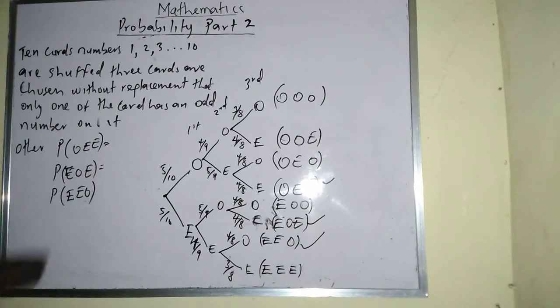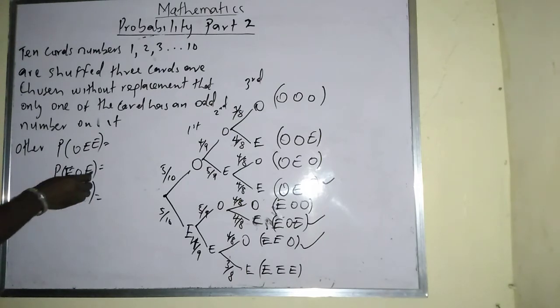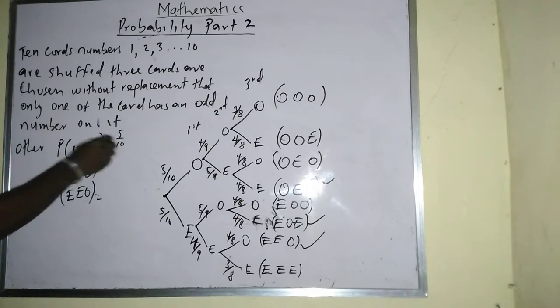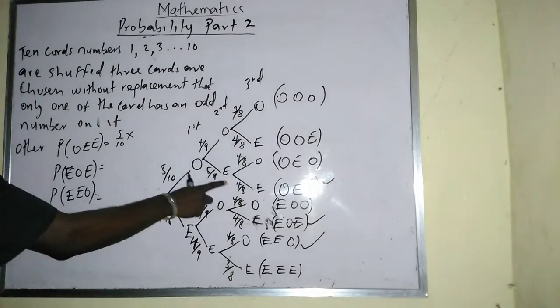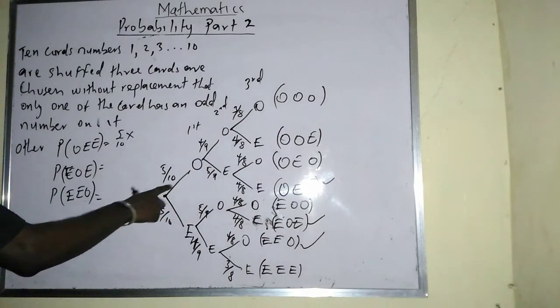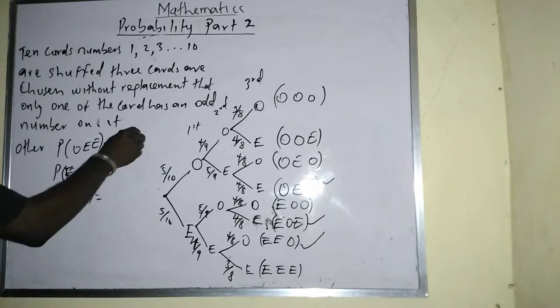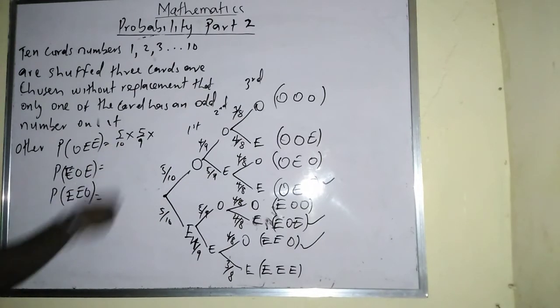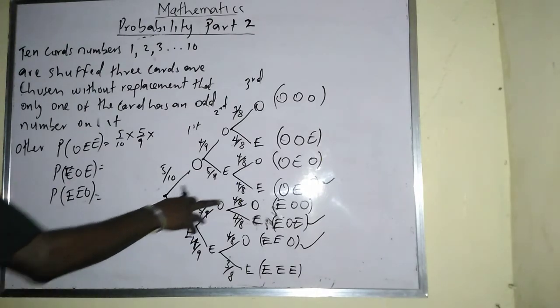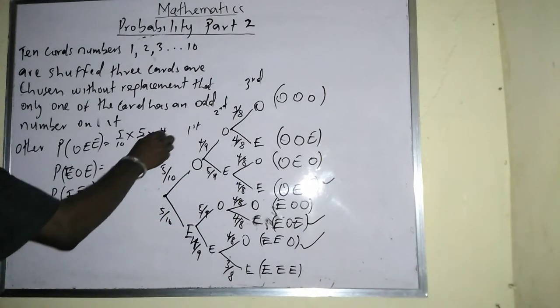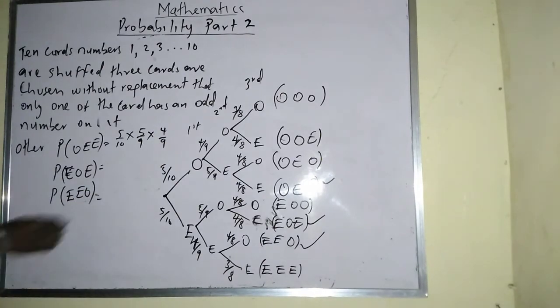Now, each of them, what's my probability of first O? The one of first O, it will be 5 all over 10 multiplied by E. The one of E, I think this one will be 5 all over 9, multiplied by the last one, which is 4 all over 9. That is the first one.